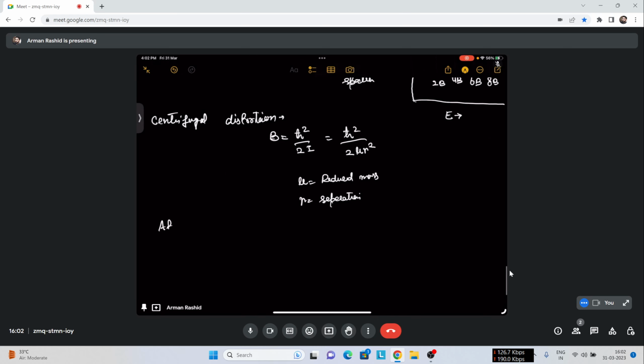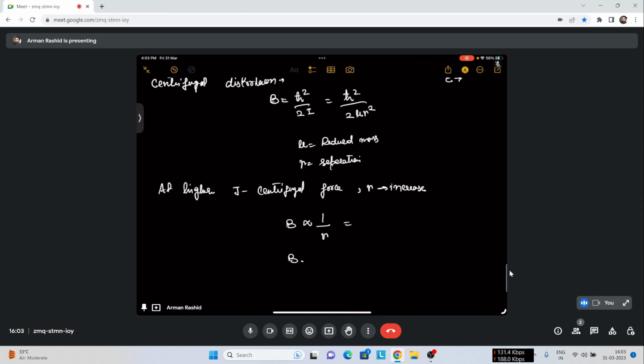At higher J, once we are rotating our diatomic molecule at high angular velocity, the centrifugal force will come into the picture. Because of that, r increases. Because B is inversely proportional to r squared, that means B decreases.